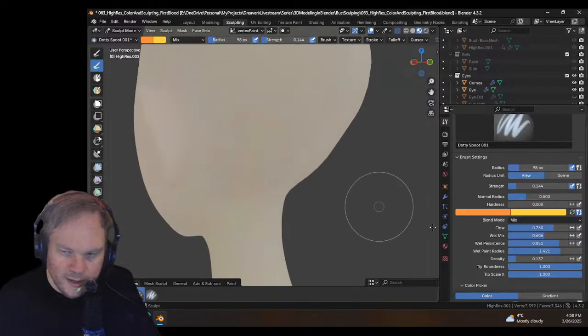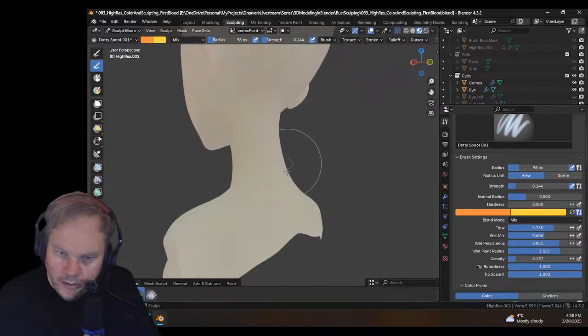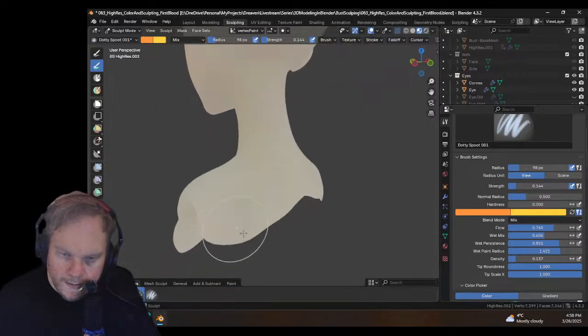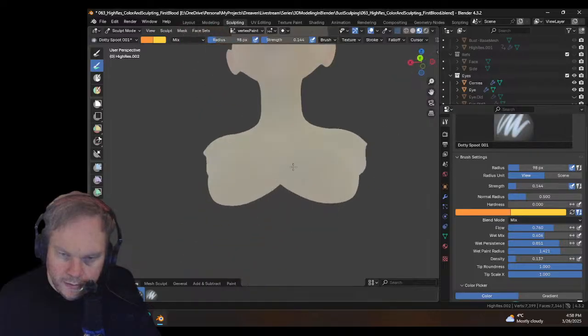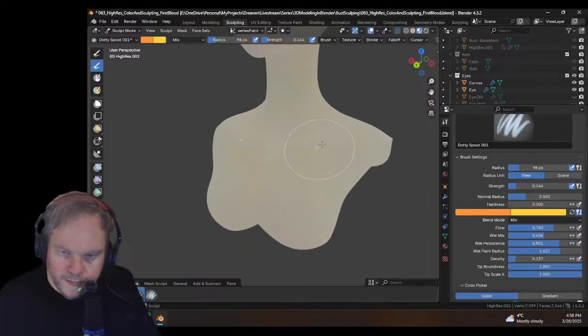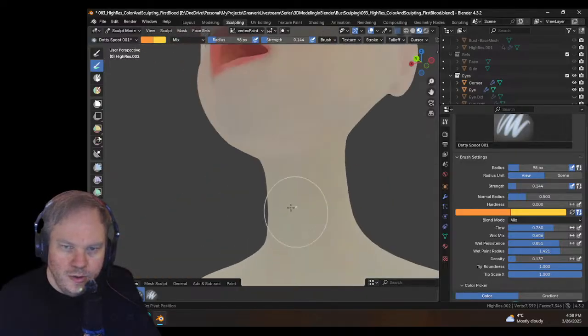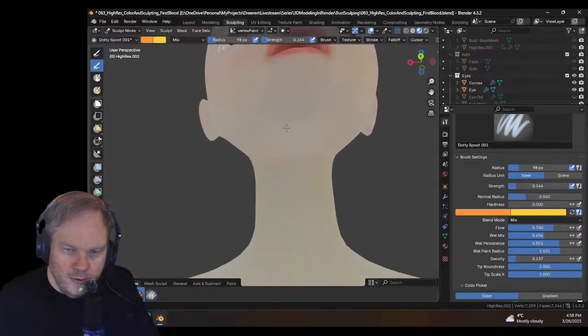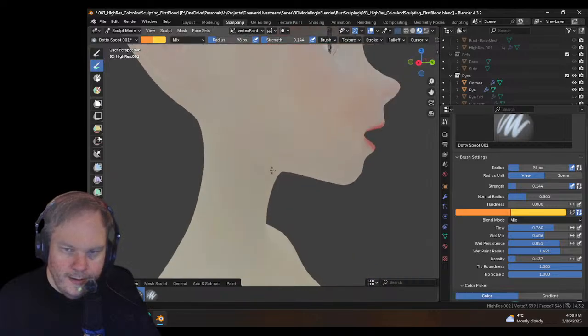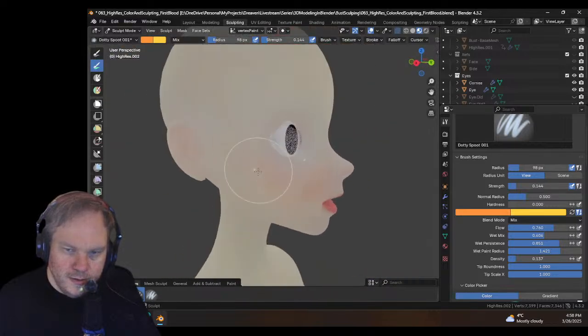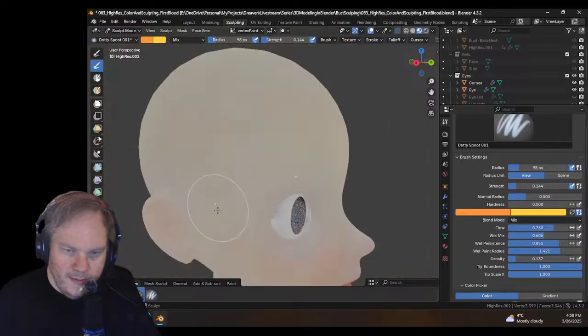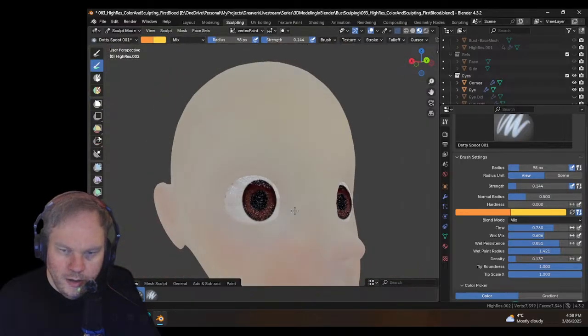It could be spaghetti. Just do this like that. Put some color everywhere. As you can see, it's starting to look like some kind of shape.